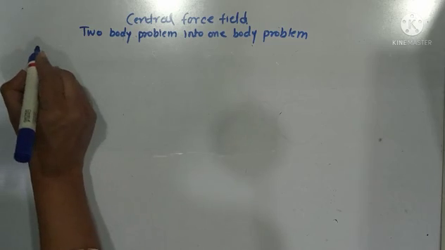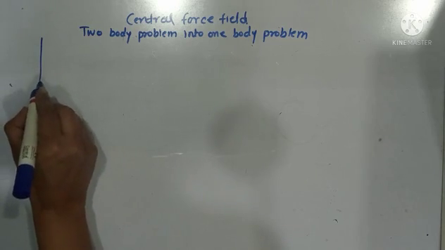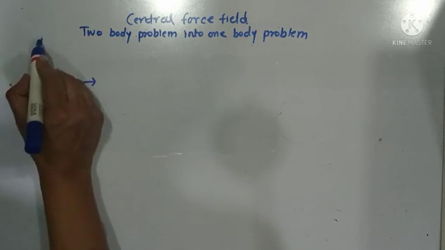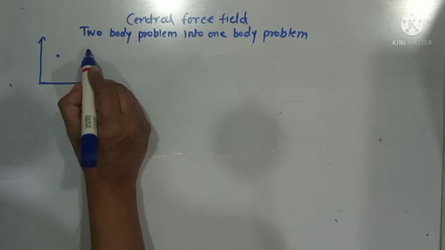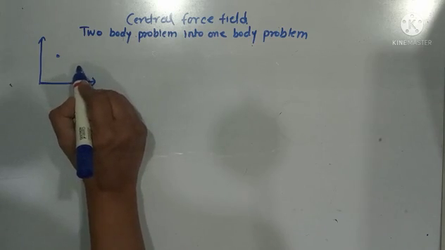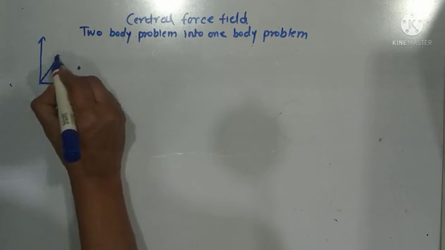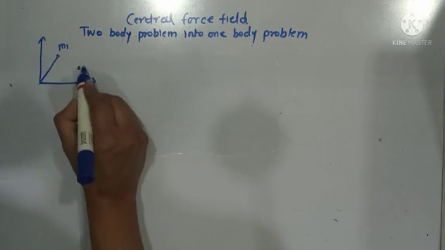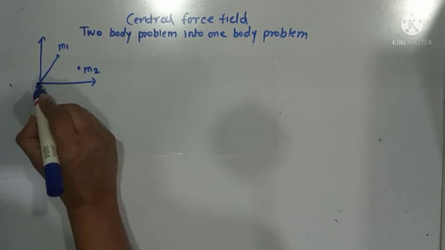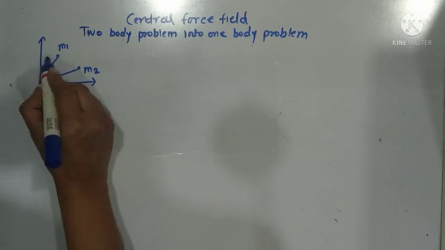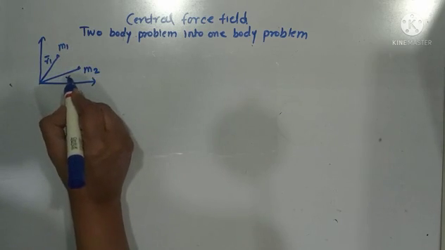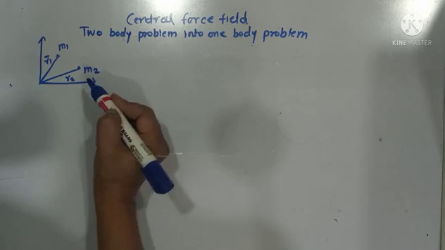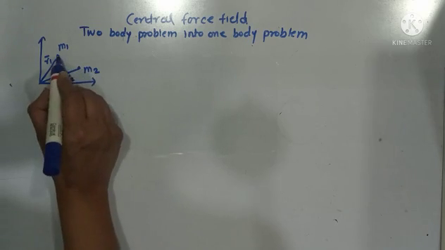So let us have two particles, say m1 and m2. Here it is m1, here it is m2. Let r1 be the position vector for m1 and r2 be the position vector representing m2.